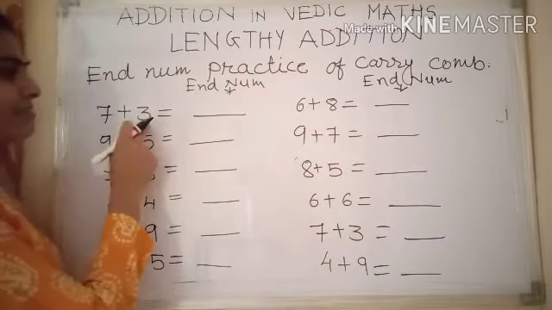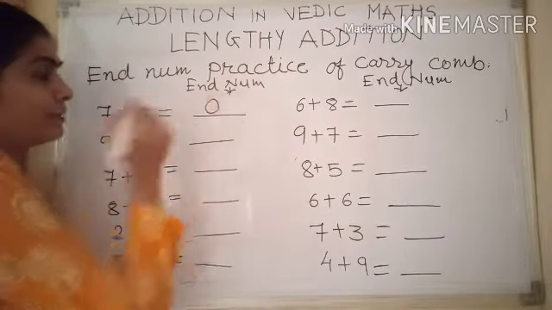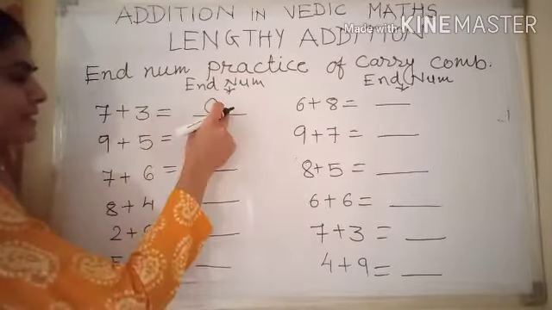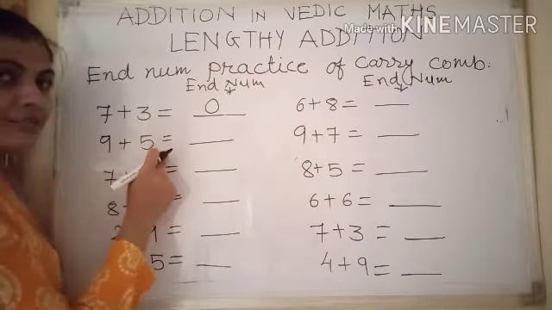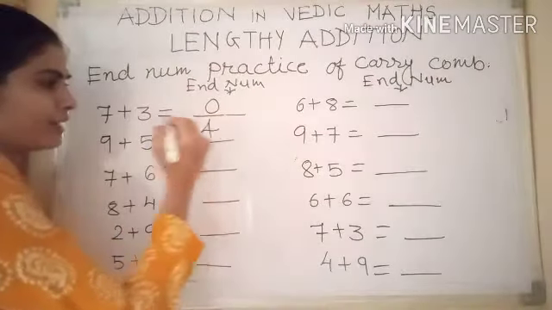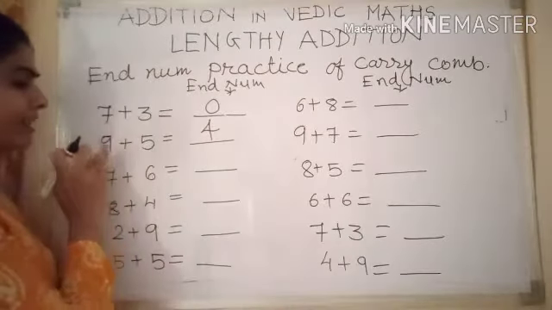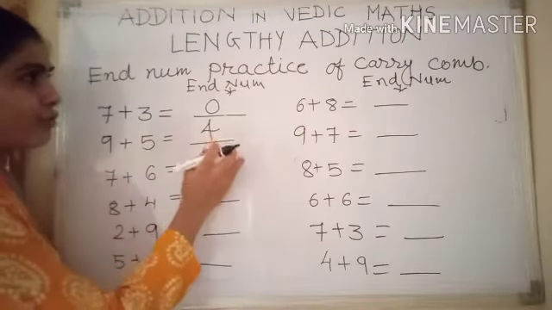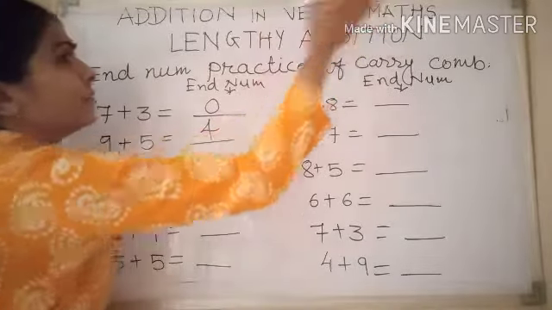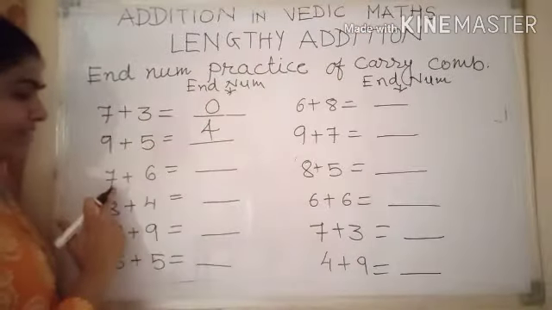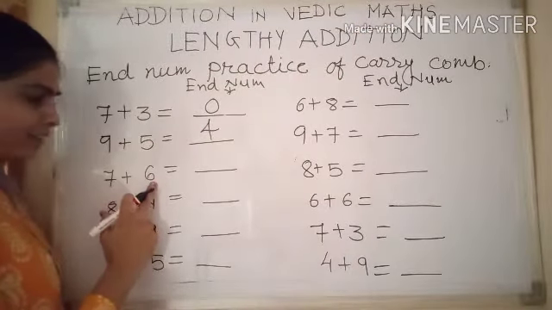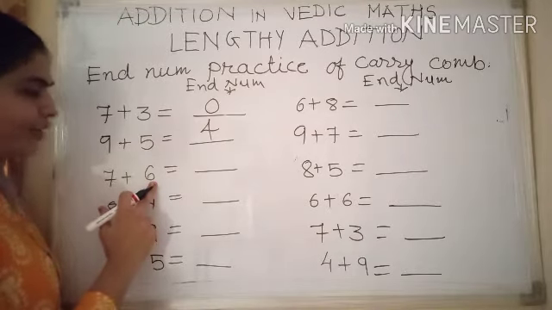Let's consider 7 plus 3, 10. So we will remember only 0. So 7 plus 3, 0. 9 plus 5, 14. But we will remember only 4. It means 9 plus 5 equals 4. We will remember it for our Vedic maths practice. 7 and 6. Actual answer is 13. But we won't write 13.